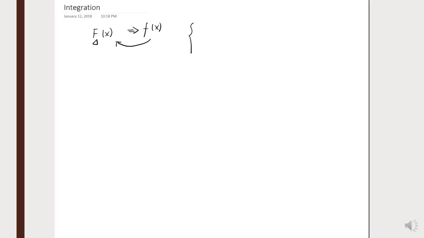Okay, let's look at this on the function graph here. Now we have this function f(x). So if we have a limit here, this one is called a.